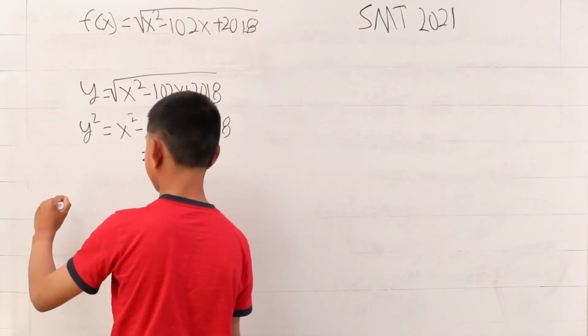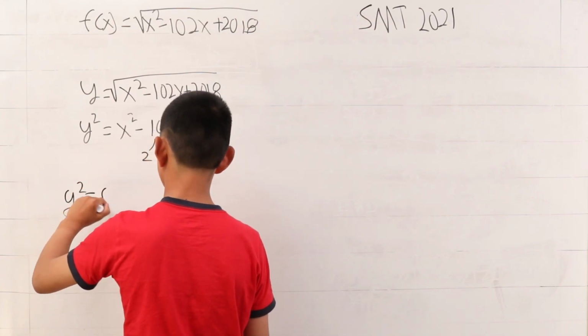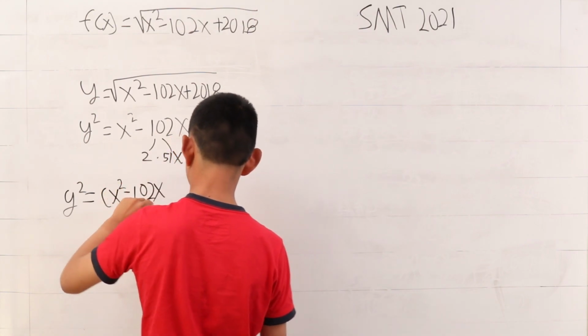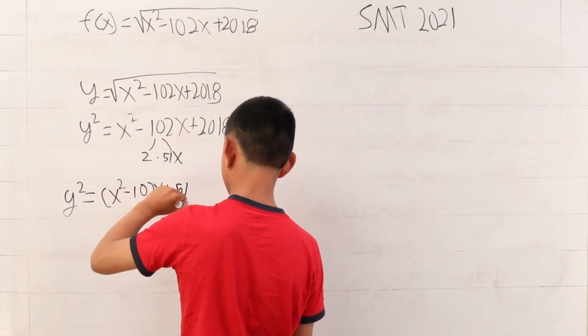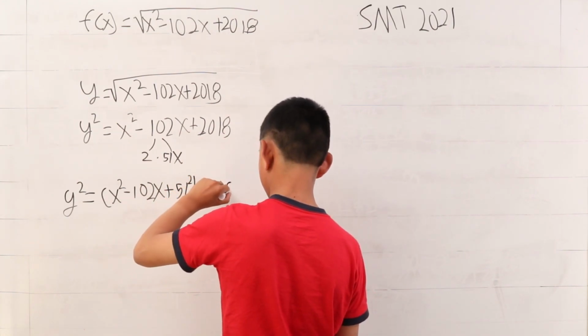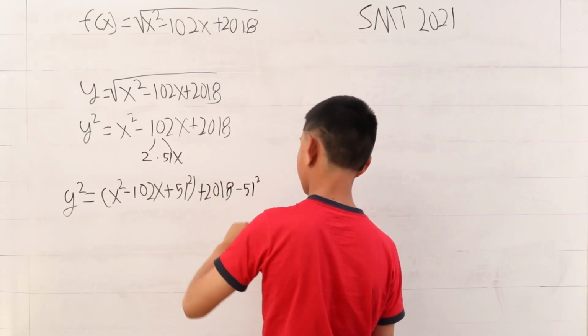So we rewrite the equation. We get y squared is x squared minus 102x plus 51 squared, plus 2018, and then you subtract the 51 squared.